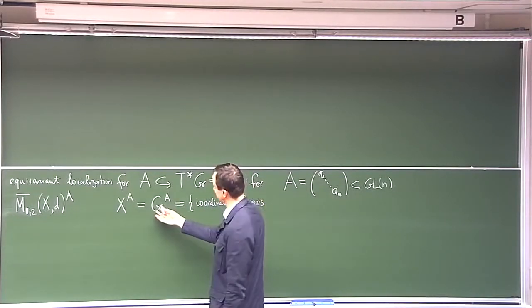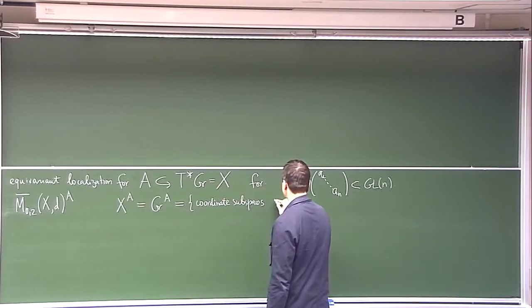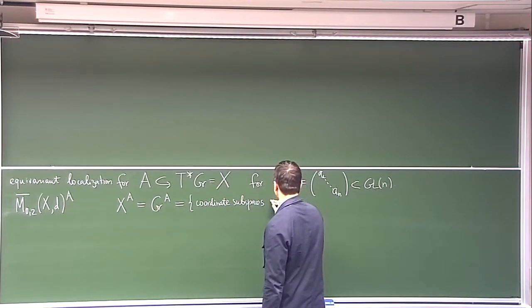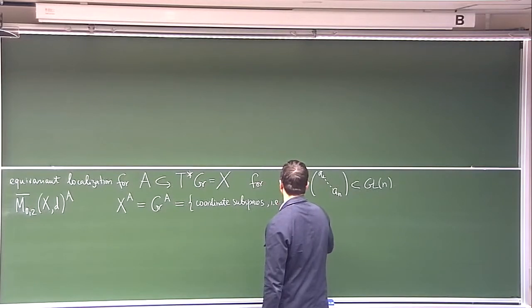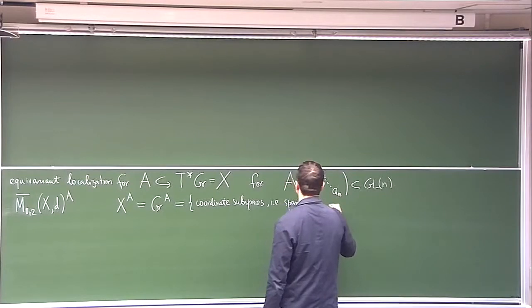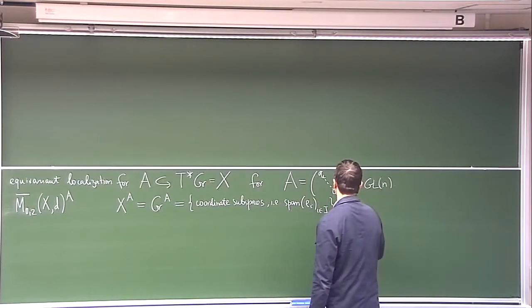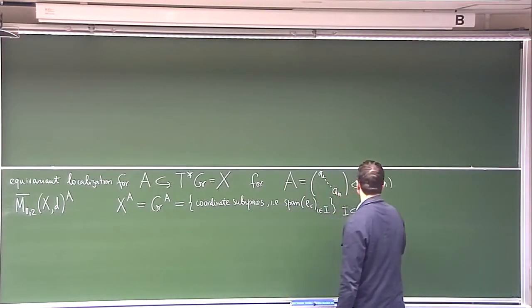We discussed fixed loci in the Grassmannian itself. They correspond to the span of some subset of coordinate vectors, where i ranges over a subset of 1 to m.